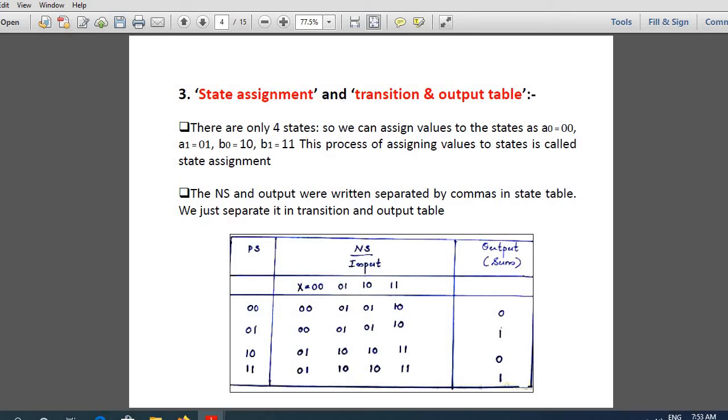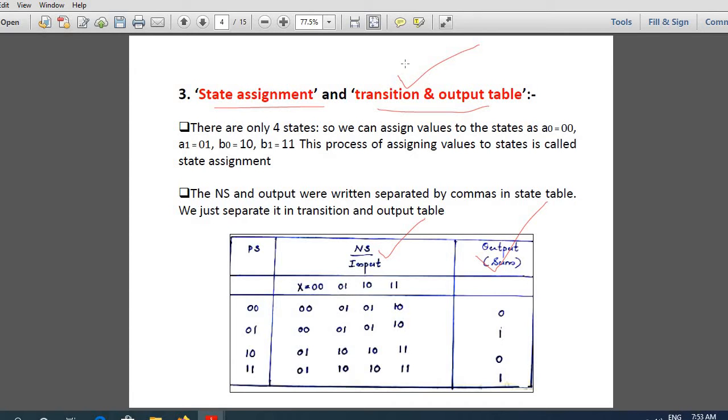Now, after getting the state table, what is the next step? The next step is the process called state assignment and forming the transition and output table. Here there is no need for a transition and output table because in Moore modeling you are already writing the next state and the output separately.